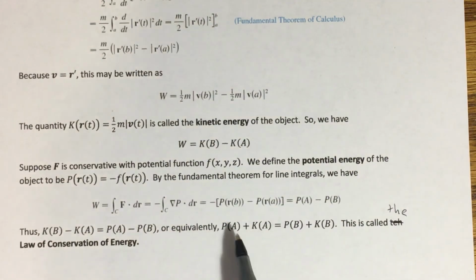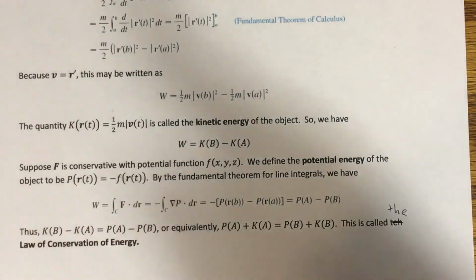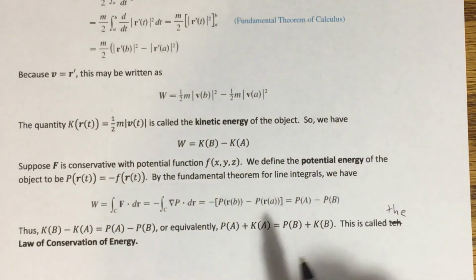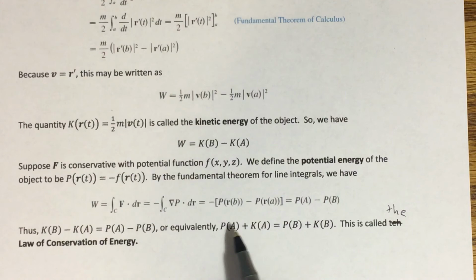So even though the potential energy and kinetic energy of this particle might be changing as this particle moves along this curve C, the combined energies never change.